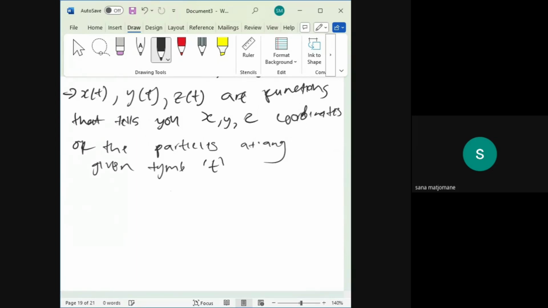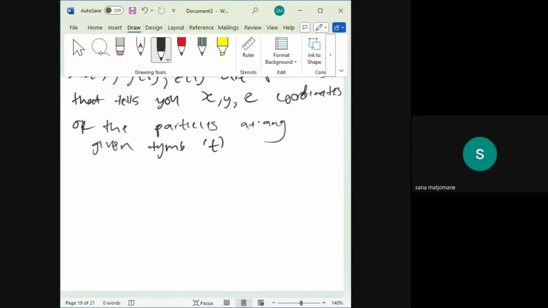Guys, don't mind the pause, there is a guy frying eggs with water behind me. So then another thing, don't forget this. x hat, y hat, z hat are unit vectors that tell you the directions along your x, y, and z axes respectively, right? So far, so good, guys.